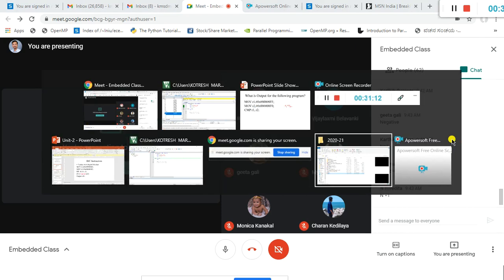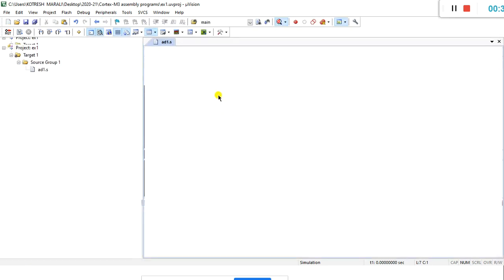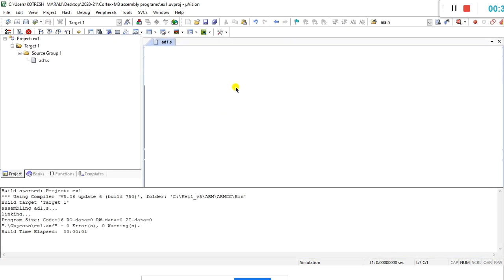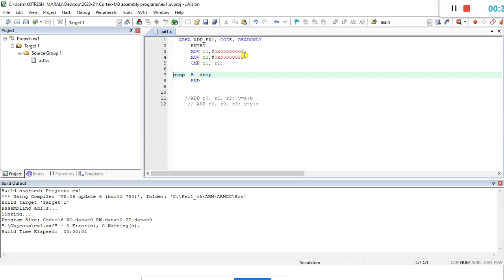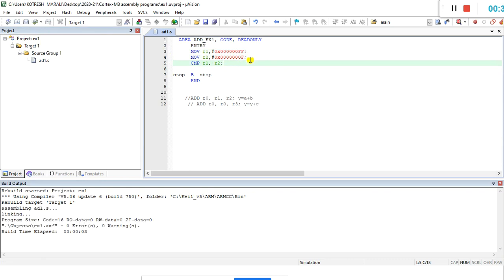Let me check and understand this directly in Keil. I'll change this to F. I'll change this to 0. Now obviously I know that R1 is a bigger number than R2, but how do I come to know through the processor? By means of which flag?